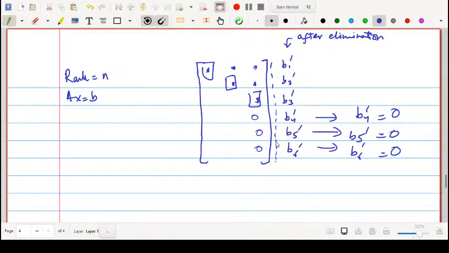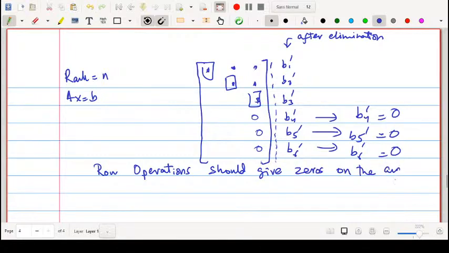So when you're doing row operations, you're hoping row operations should give zeros on the augmented right hand side below the pivot equations.